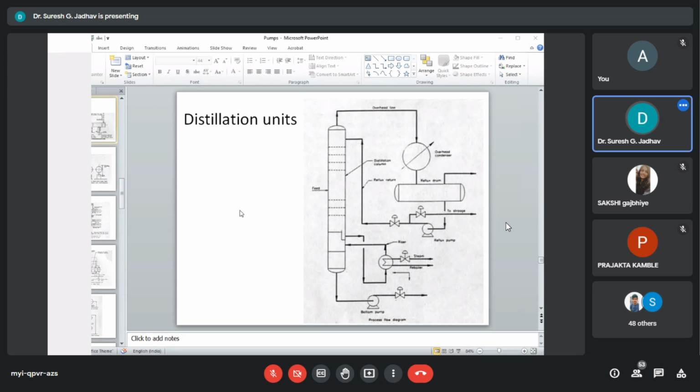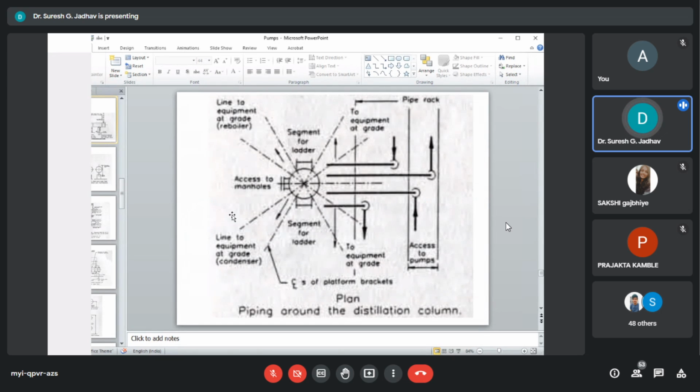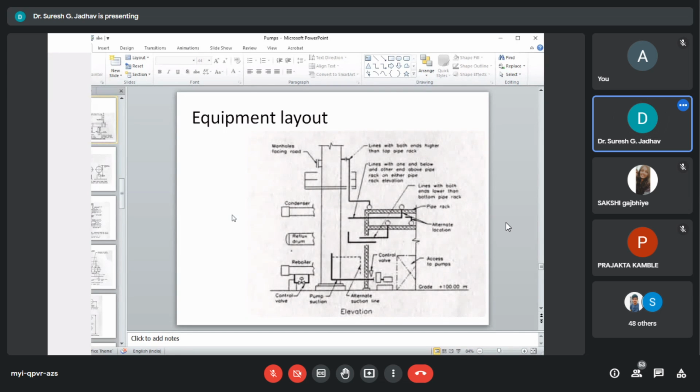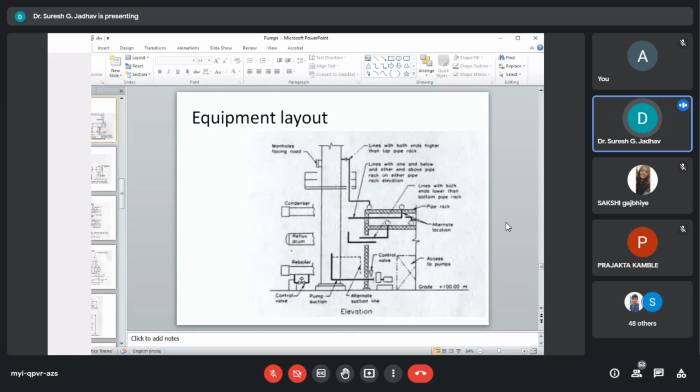Now next is equipment layout. Here you will see the elevation and layout, that is, the piping around the distillation columns. So this is the elevation, and now second is the plan. Based on that, we can define the equipment layouts.